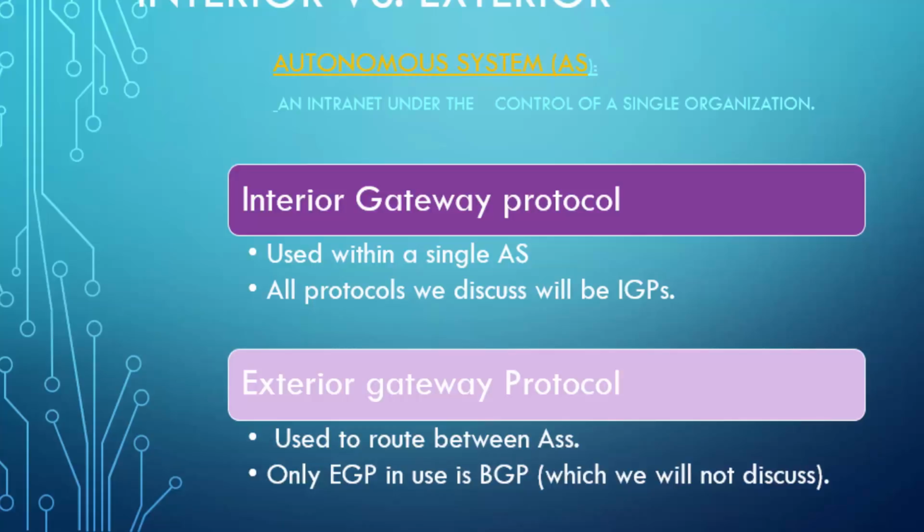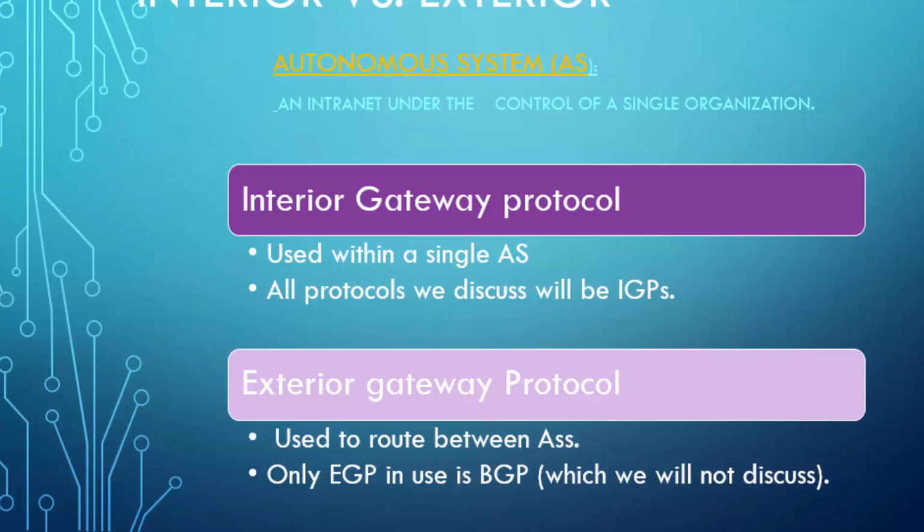Before talking about Interior Gateway Protocol and Exterior Gateway Protocol, we need to understand the term autonomous system. An autonomous system is an internet under the control of a single organization. For example, an internal network of a company can have an autonomous system.